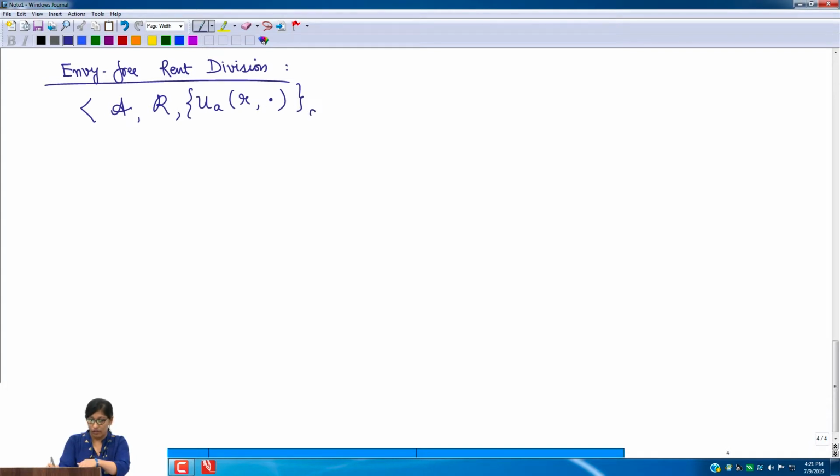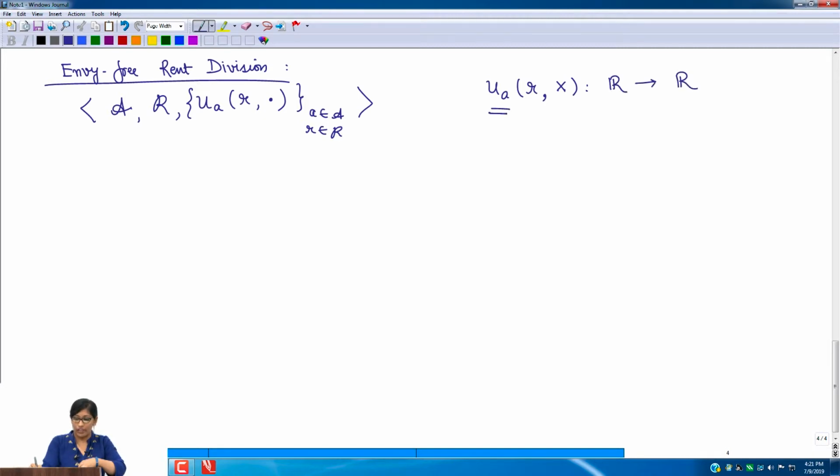This function takes a price and gives out the utility of this particular agent A for this room at this particular price x. It is a function from R to R, and you can think of x as the price of that room.